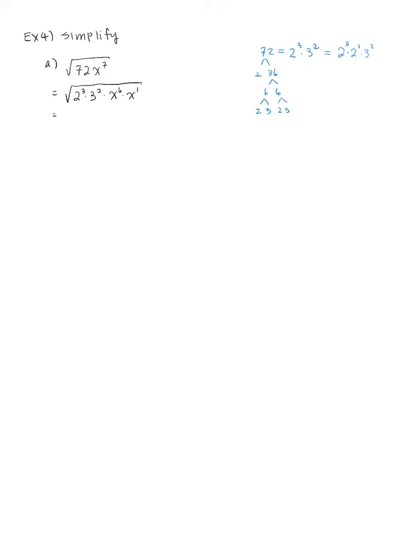Okay, now since we're looking for perfect squares, this is the same thing as 2 to the second times 2 to the first, 3 squared, x to the 6, and then x to the first. Now let me just circle the perfect ones. Then I'm going to break this up into, you don't have to do this step if you can do it in your head, the square root of 2 squared, square root of 2, square root of 3 squared, square root of x to the 6, and then square root of x.